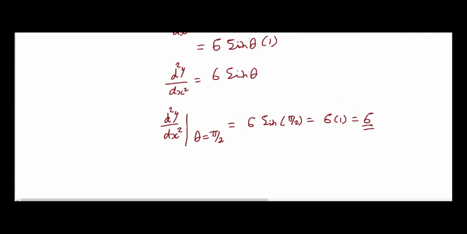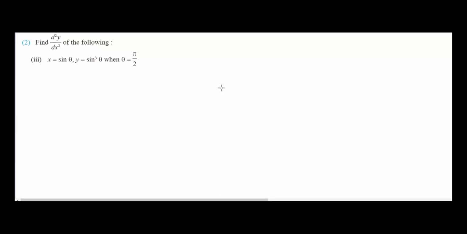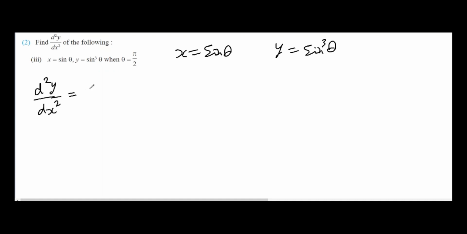Done. Understood? Okay, so we can solve this same sum by another method also. Whenever you have to find d2y by dx square, try to eliminate theta, with the help of x equal to sine theta and y equal to sine cube theta.